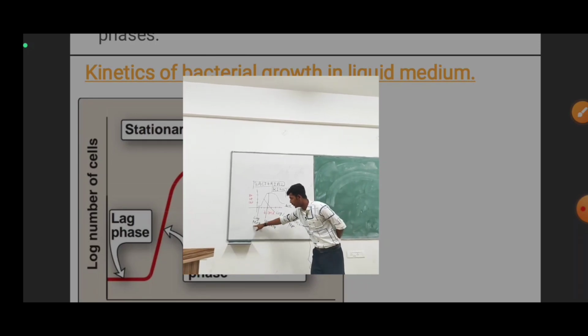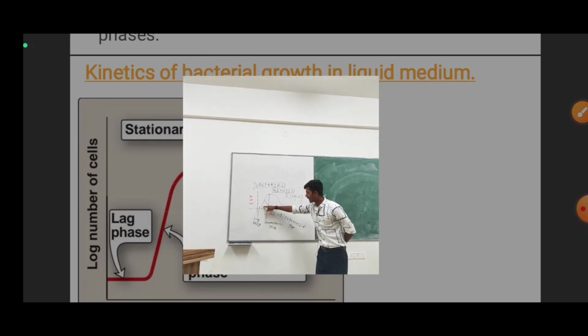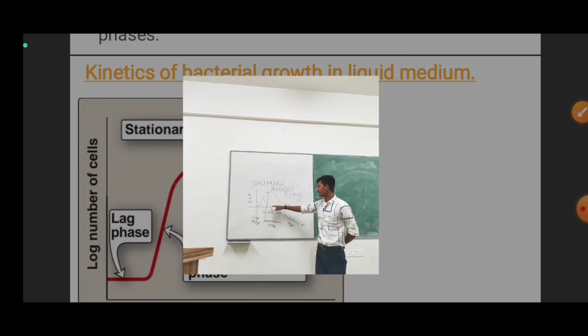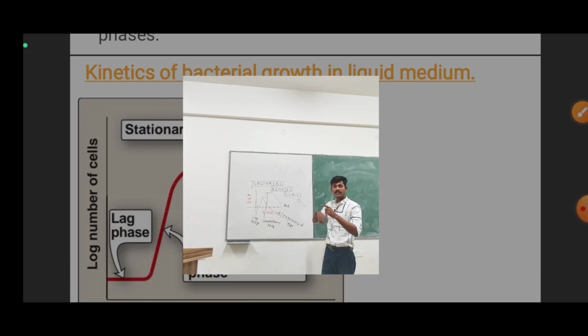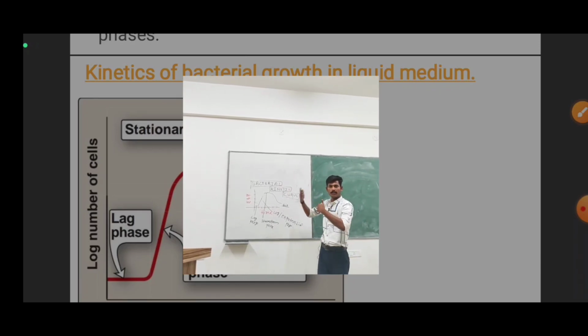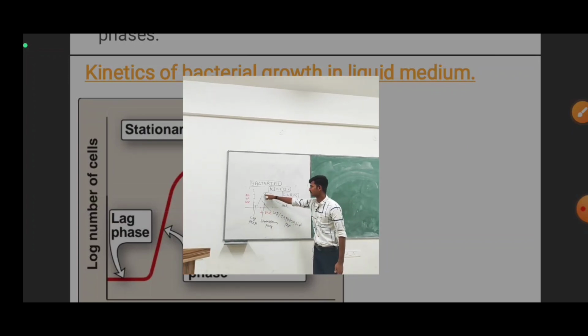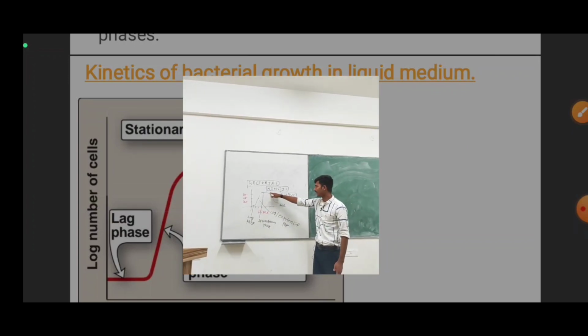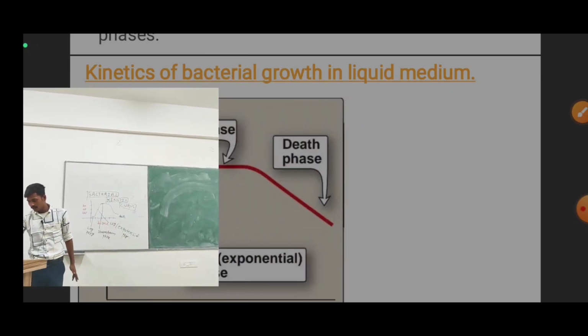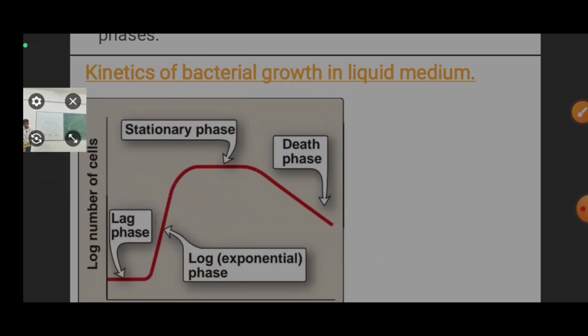They are not metabolically too active. Then they take one long growing period, then that's called the log or exponential phase. Exponential always means in the form of power, like too many multiplications. Then their growth becomes suspended, and slowly their body starts deteriorating, declining, that's called the death phase. Now see the slide, it's beautifully represented.